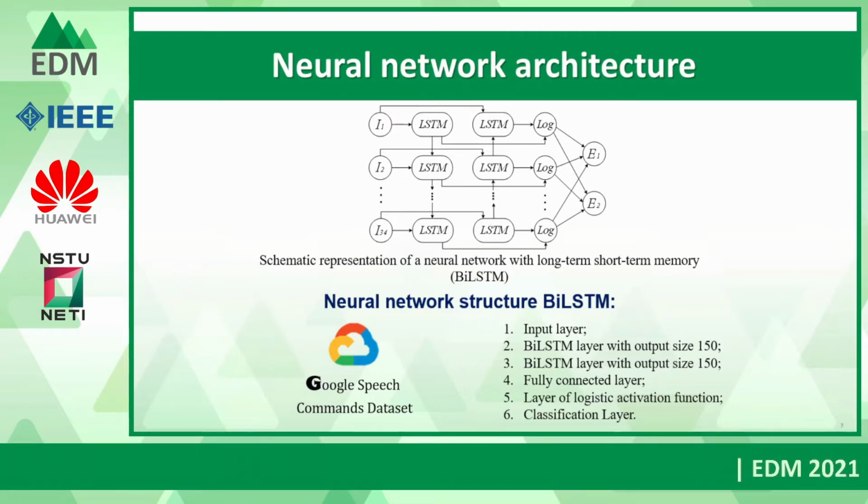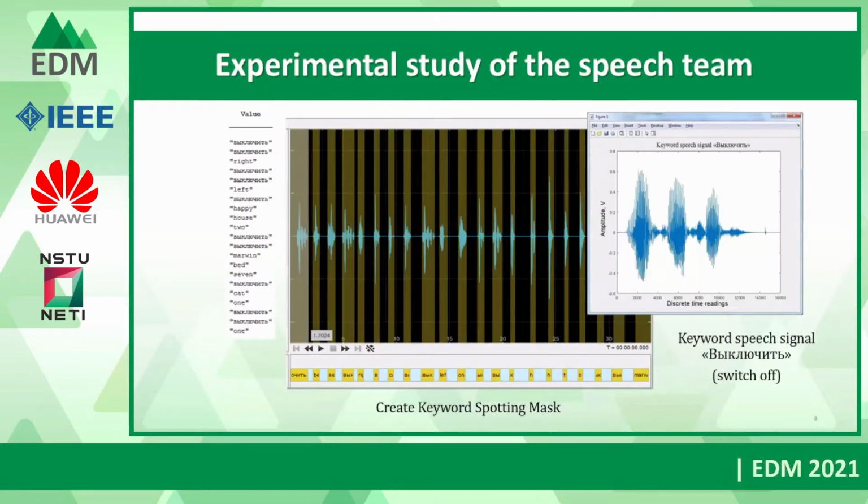To train the network, we use the Google Speech Commands dataset. An experimental study on the recognition of a speech command was carried out using the MATLAB software package with the help of the Audio Toolbox add-on. A noisy signal was recognized with the command word "выключить", off.